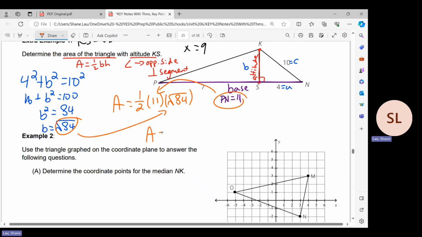And once you multiply all of that through correctly, you're going to get a value of 50.408. Remember, we round to 3 decimal places. But because you're working with an area question, or really any other question that has a unit, you want to make sure you're writing your units. So this is units, and because it's area, units squared.